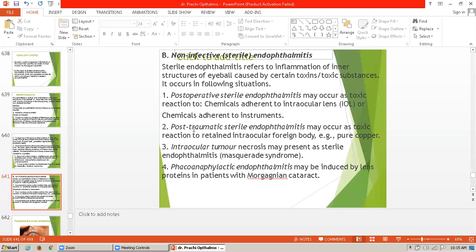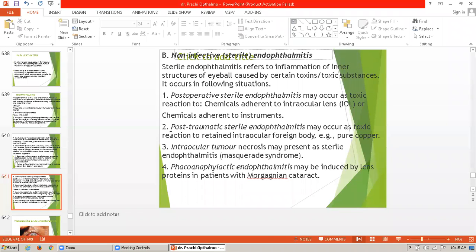When there is a trauma, and after the trauma some foreign body like pure copper or any other foreign body leads to inflammation of the inner structure of the eyeball, then it is called a post-traumatic sterile endophthalmitis. It is simple.